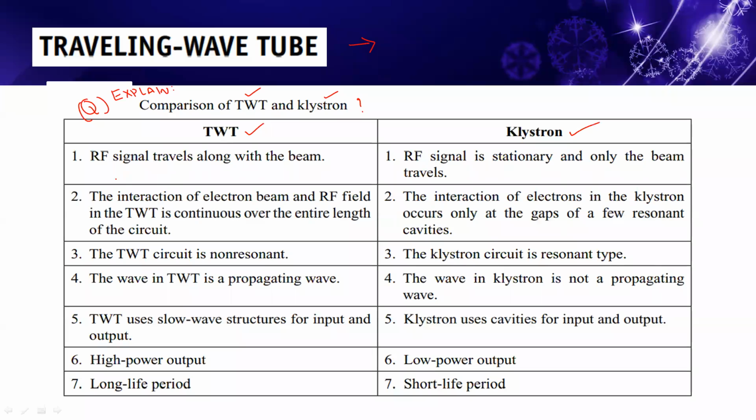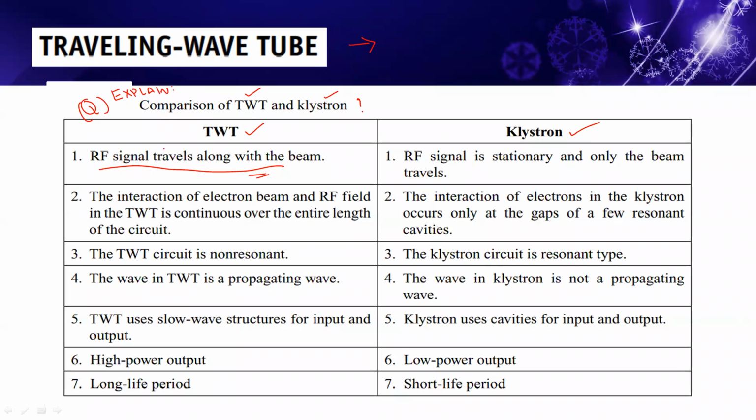So point number 1: in the traveling wave tube, RF signals travel along the beam. All signals travel with the same velocity and in the same direction. It makes the interaction between the electron beam and the traveling wave, and that is the main important point in the traveling wave tube.